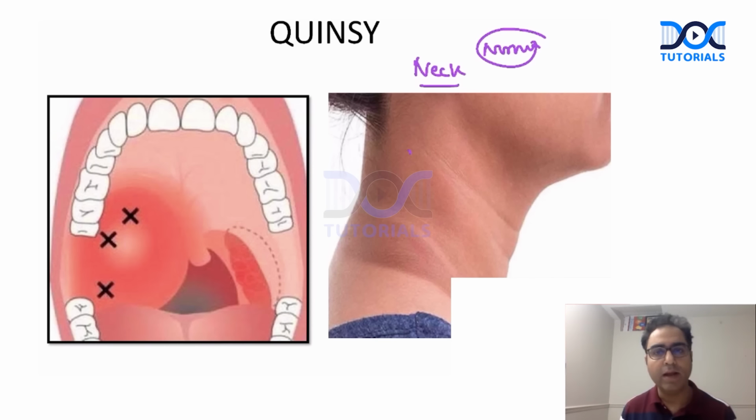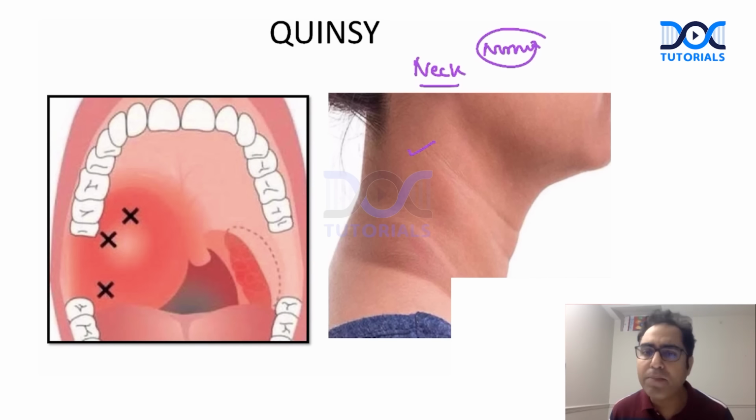There's nothing over there. But if by chance the same MCQ of quinsy, with uvula pushed to the other side and tonsil pushed medially, is given, along with that they give you an outer neck swelling close to the angle of mandible or close to the sternocleidomastoid muscle, then the answer will change to parapharyngeal abscess.